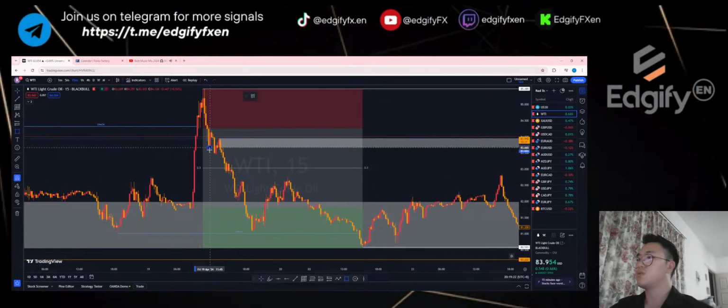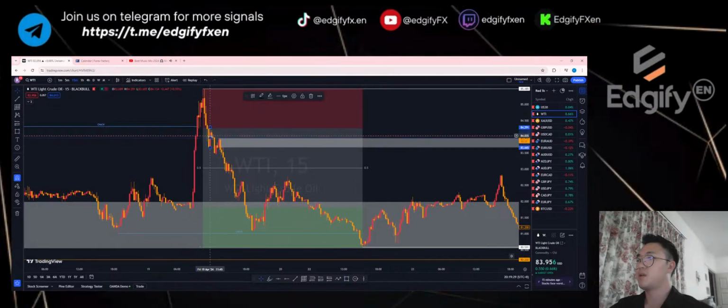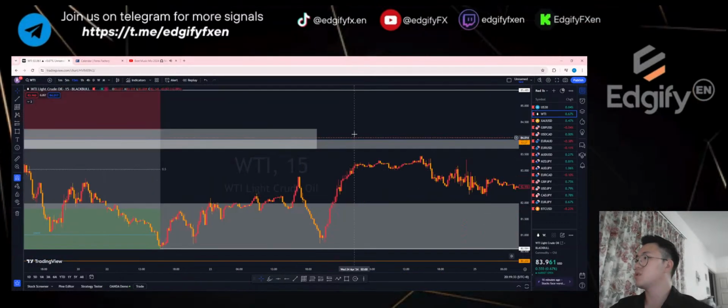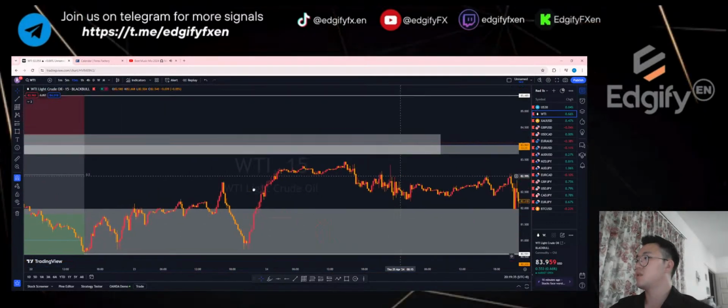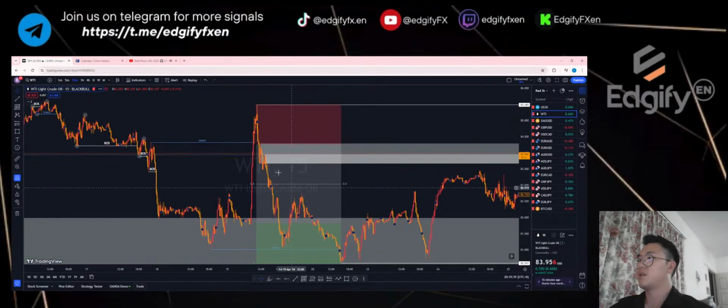You can also be using this whole block here as well, but it's obvious that it's been mitigated once. So if you are using this block here, then you are still possible to look for an entry.